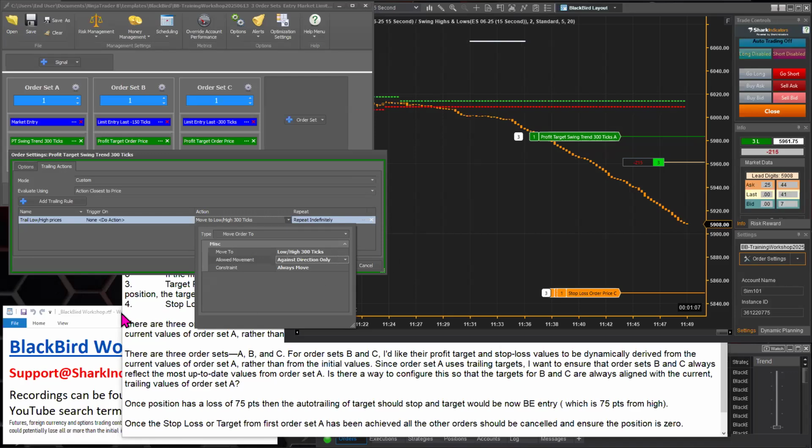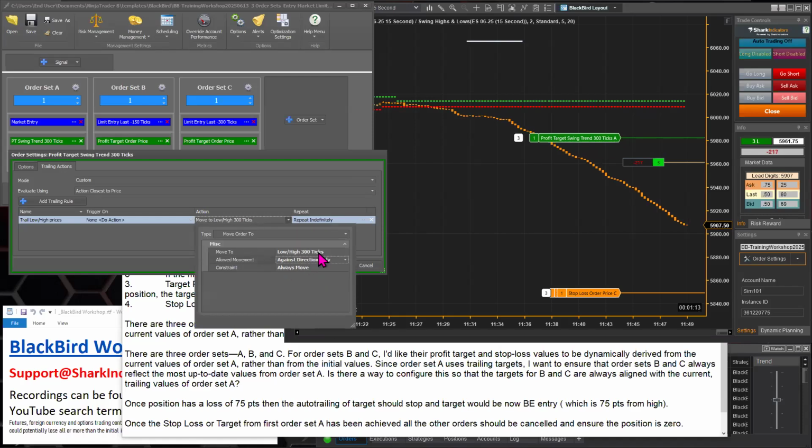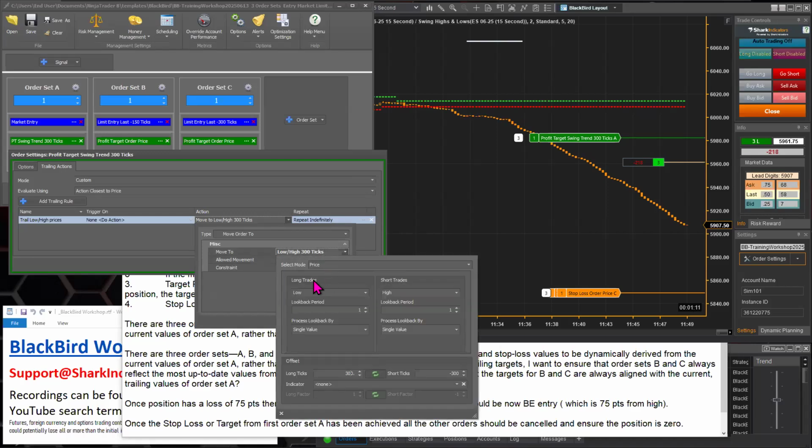And actually, I'm going to stop this for a moment here. So our profit targets are following the low price if we're in a long trade. We're taking the low price and then adding 75 points or 300 ticks.